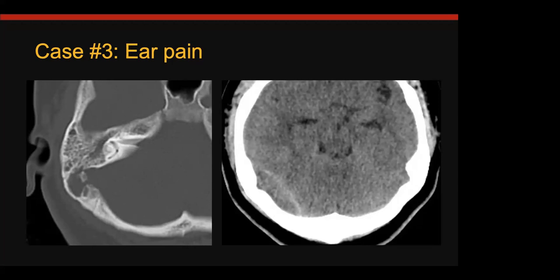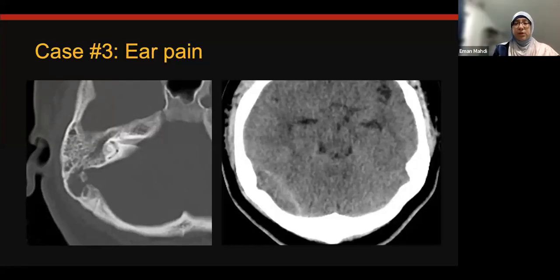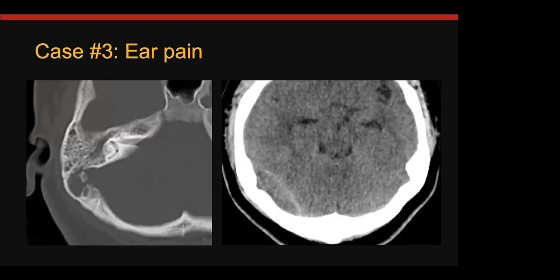Axial section CT scan of the temporal bone shows complete opacification of the mastoid air cells, and I see absence of the external auditory canal bony parts. The second CT, axial section, shows opacification of the mastoid air cells.